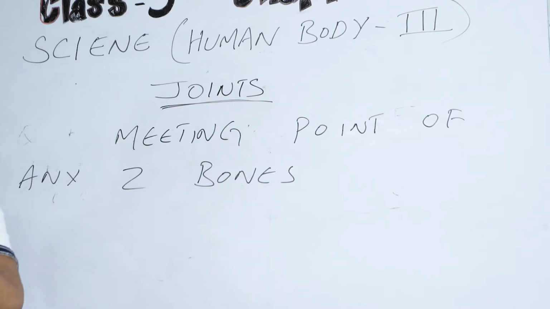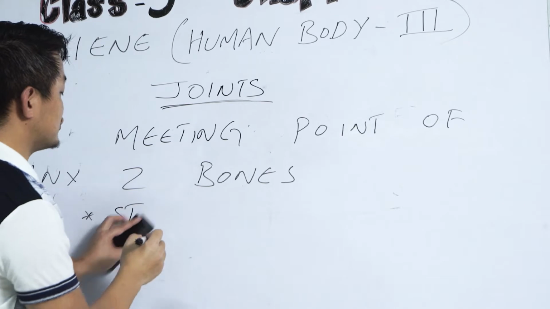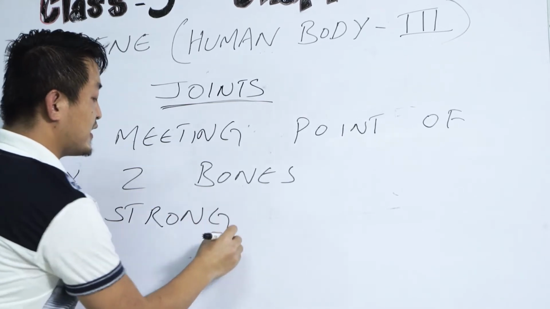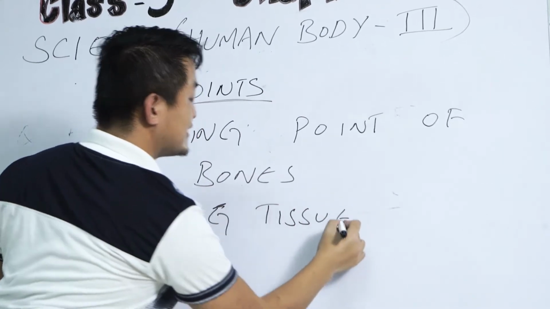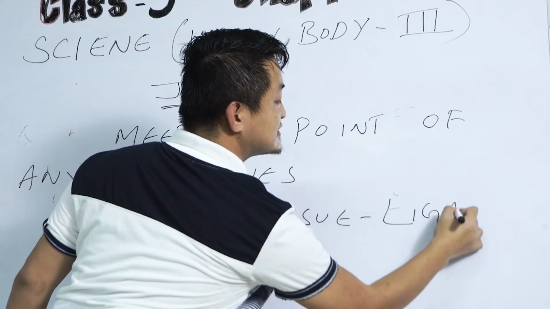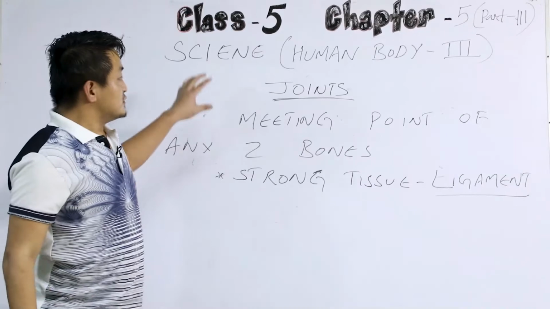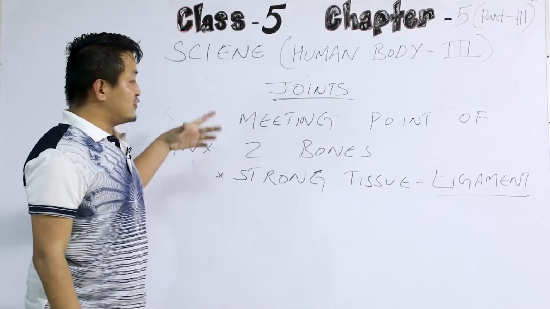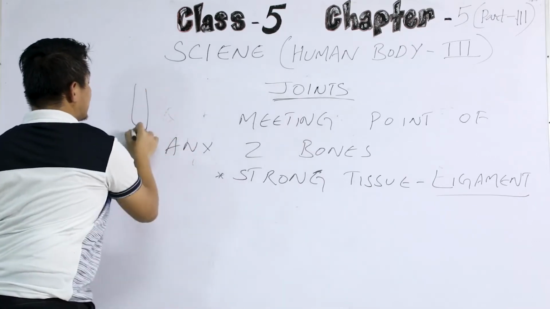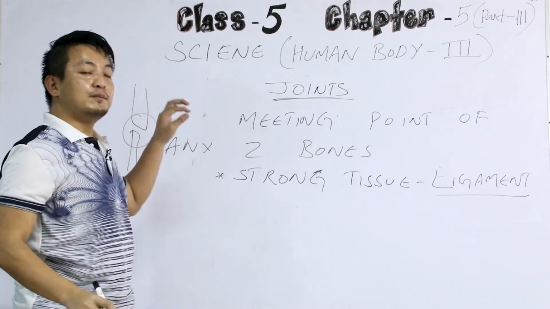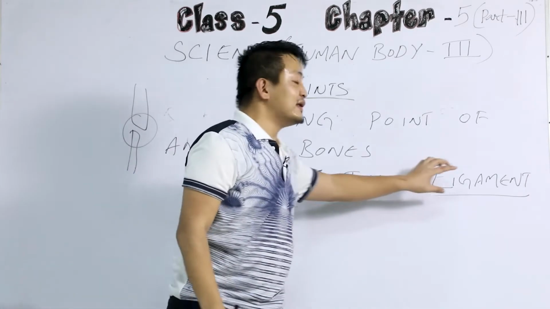They are held closely by a strong tissue known as ligaments, and this one is important. If you are asked how any two bones are joined, you can say they are held together by a strong tissue known as ligaments.